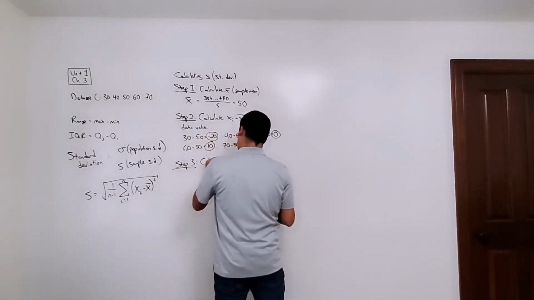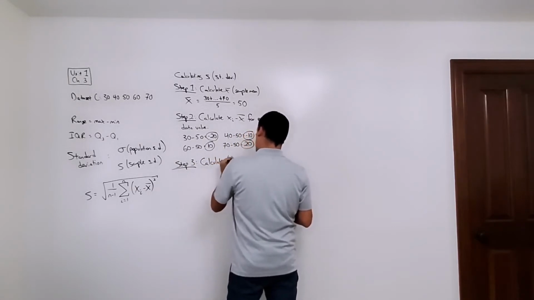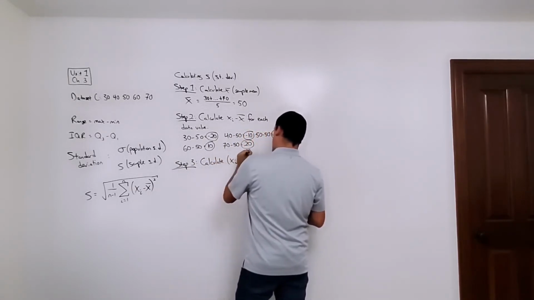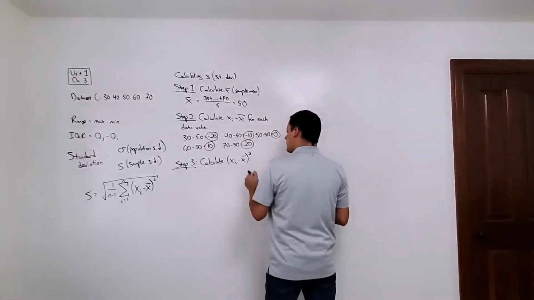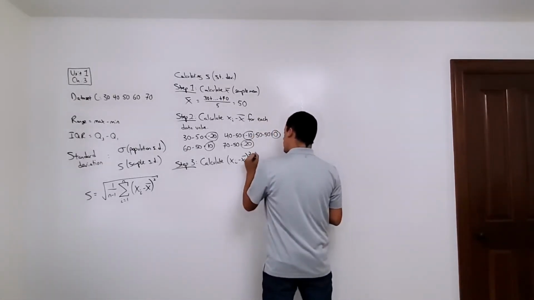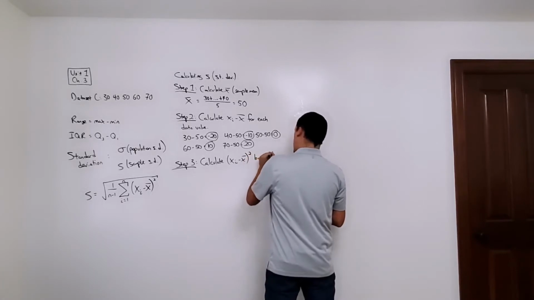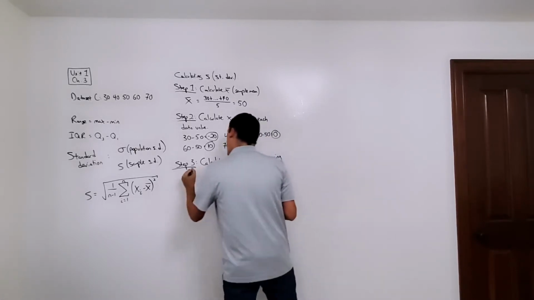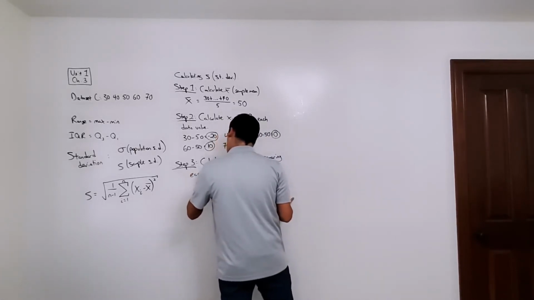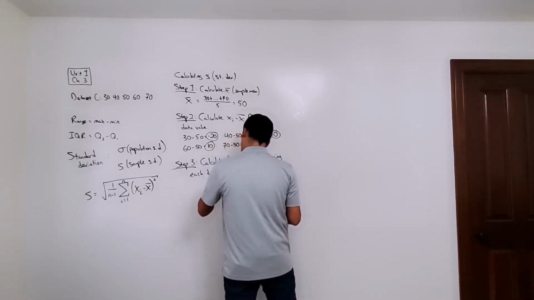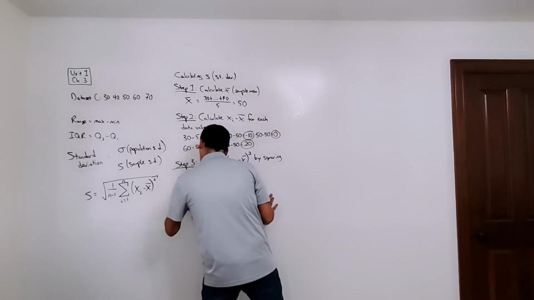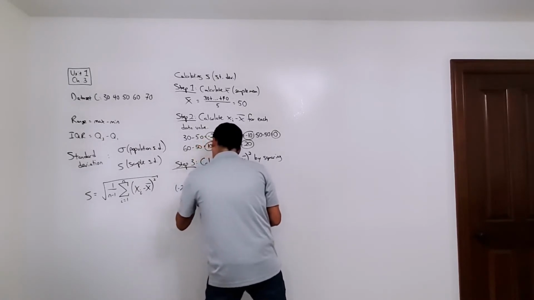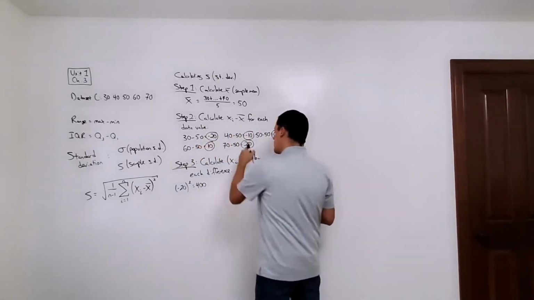Okay, so with each step we're getting a little bit closer to our goal. This is what we're calculating now by squaring each difference. So we're taking negative 20 squared. That's 20 times 20, 400.